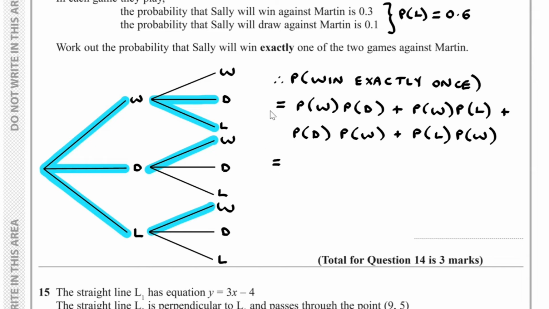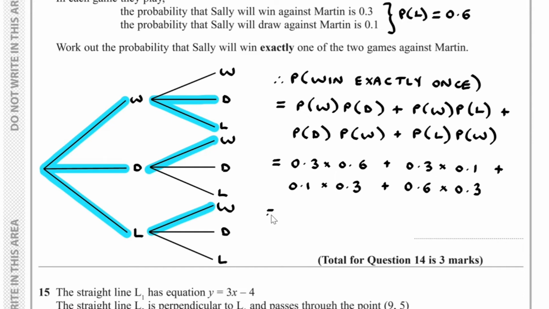Now we know that the probability that we win is 0.3, draw is 0.1 and lose is 0.6. So we've got 0.3 multiplied by 0.6 plus 0.3 multiplied by 0.1 plus 0.1 multiplied by 0.3 plus 0.6 multiplied by 0.3. And if we work all of this out, it turns out we get 0.42. So the probability that we win exactly once is 0.42.